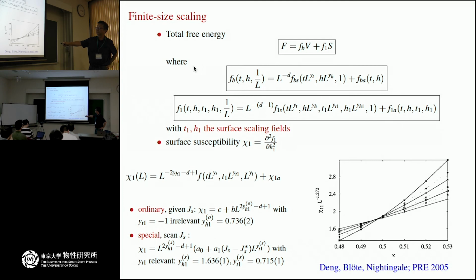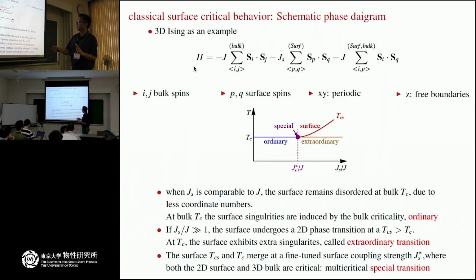This is Y sub T. And there's a contribution of the analytic part of the free energy. So if you study the ordinary transition, that means you simulate the system at a given Js comparable to J, like here, any J, any Js.